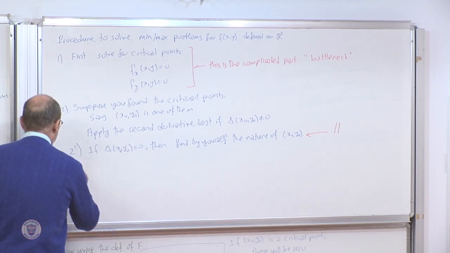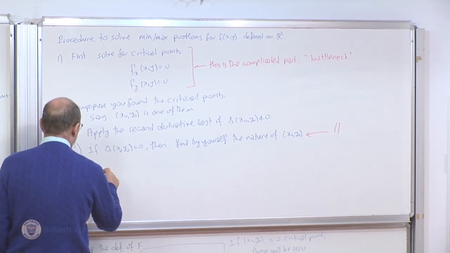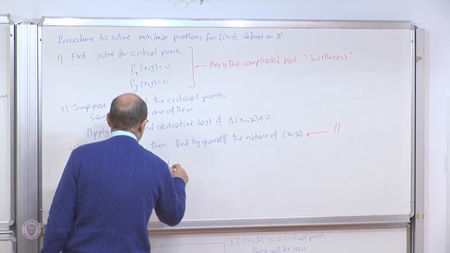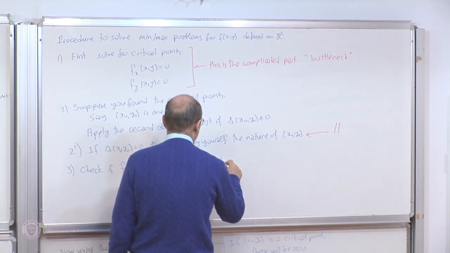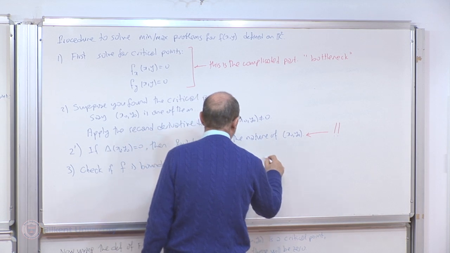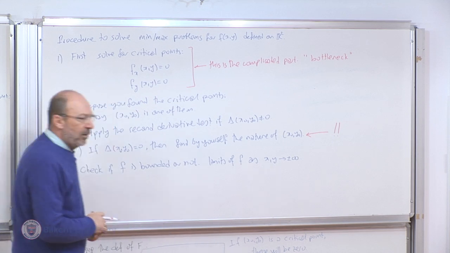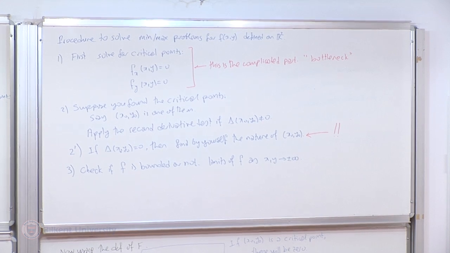Okay, so next, after this, the problem is not finished here. Check if f is bounded or not. Okay, so that is the limits of f as x and y go to plus or minus infinities. So for example, if the function is bounded, it doesn't go to plus infinity or minus infinity, and you found two critical points.